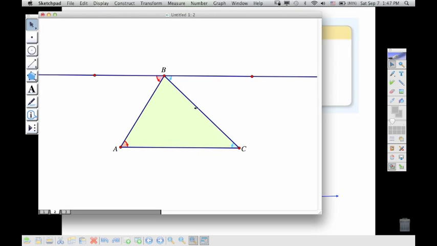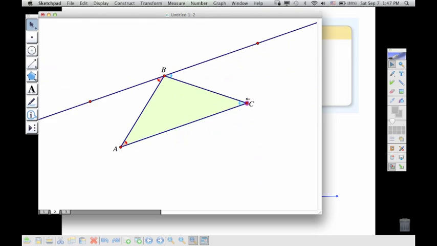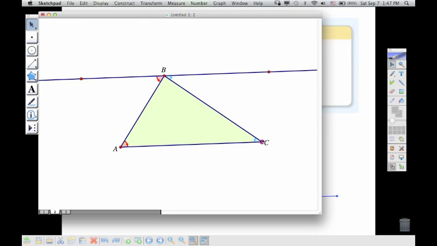Now if I measure those angles in here, notice how angle C will always match up there, and angle B always matches up above. Because these are alternate interior angles, my angle C here will always be equal to the one above. Angle A also has an alternate interior angle up here. So basically I've got angle A, angle B, and angle C. When I add all of them together, I get this line, which is equal to 180 degrees.